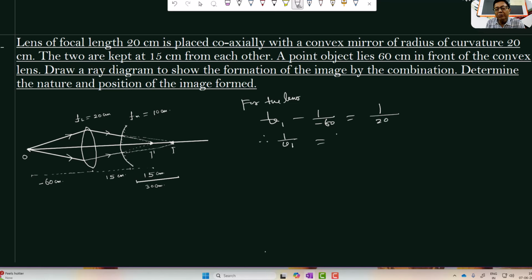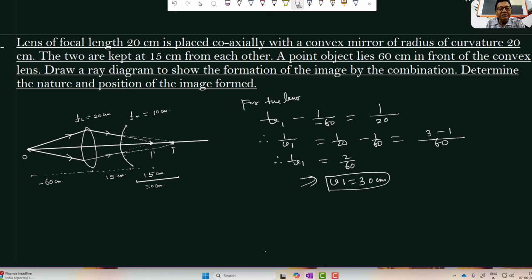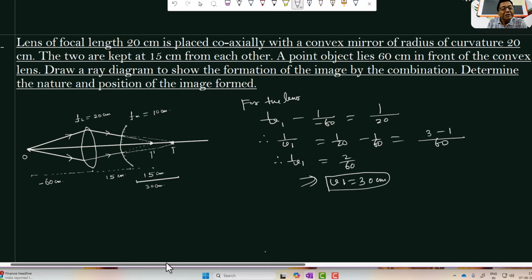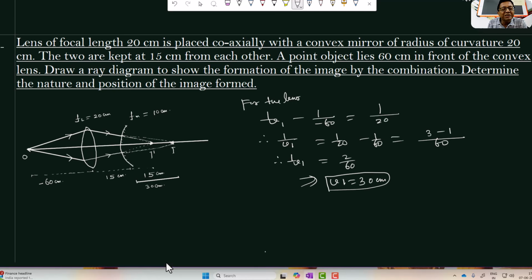So 1 by V1 is, take the LCM here, then this is 3 minus 1. So 1 by V1 is 2 by 60. This implies V1 equal to 30 centimeter. Since the separation is 15, the first image formed by the lens is at I dash.